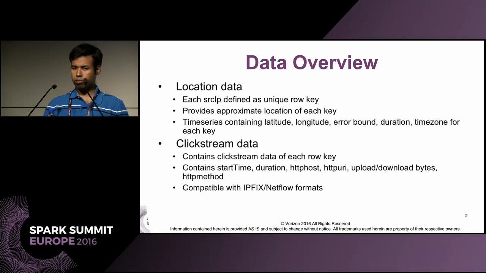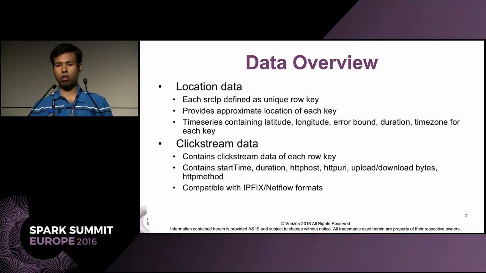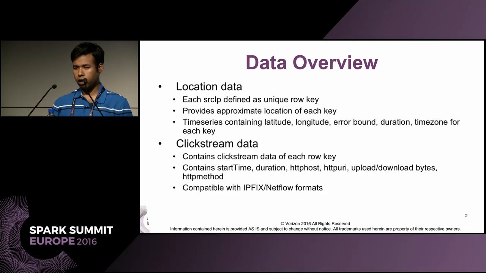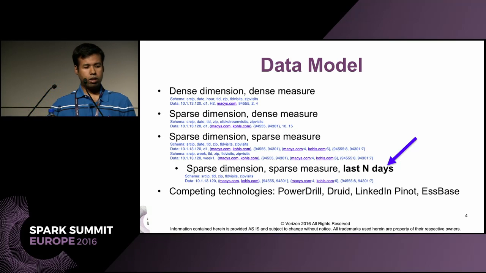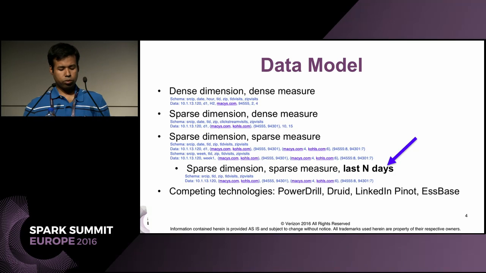Now, keep in mind that this is not a web server log. One web server log can span multiple network records. So it is network data and not a web server log that you can get out of a Google web server. Based on that, I will explain some of the data model issues that we have.